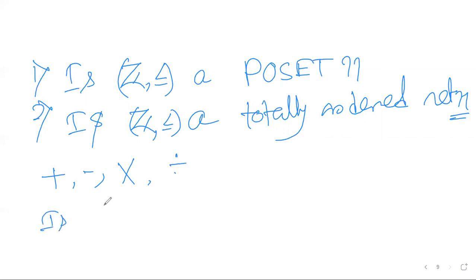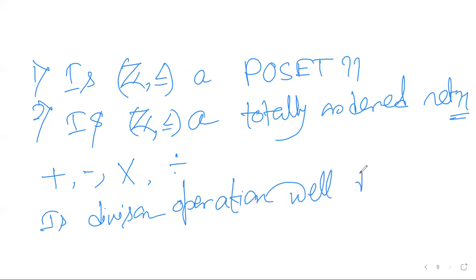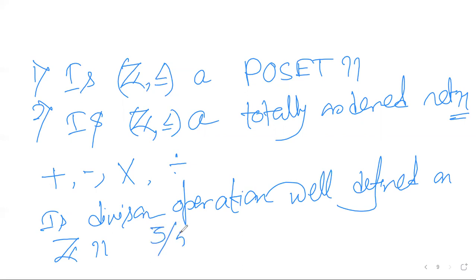Is the division operation well defined on Z? If you divide 3 by 5, is it an integer? No. So the division operation is not well defined on Z.